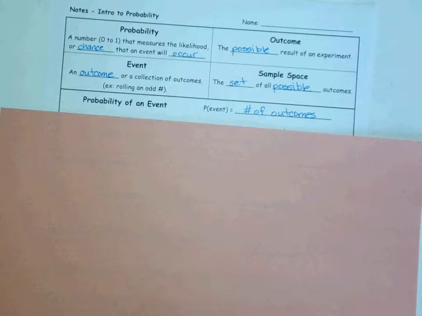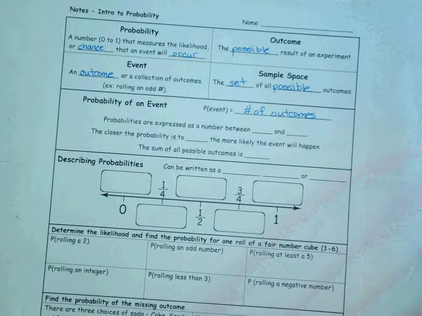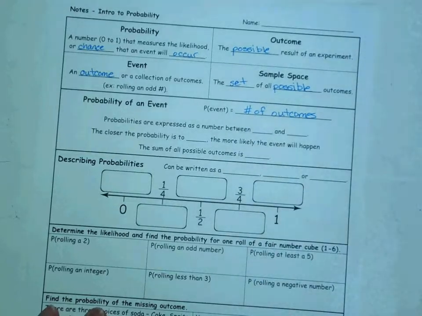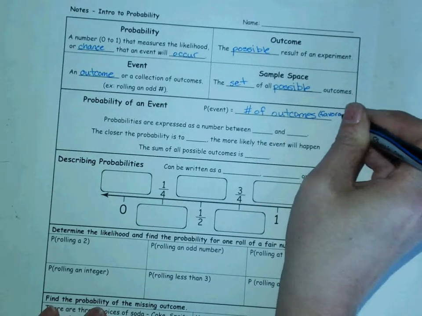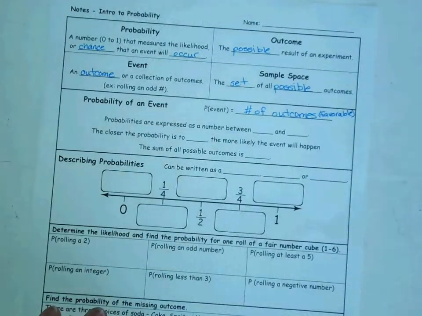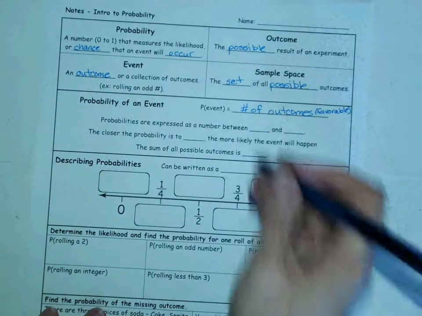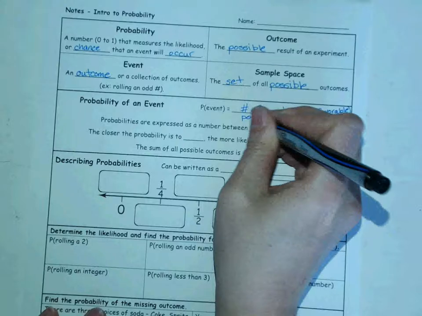So what's the probability of rolling an odd number? The way that we're going to write that will be as a fraction. It's going to be the probability of whatever the event is, the number of outcomes, or number of favorable outcomes, over the possible outcomes.